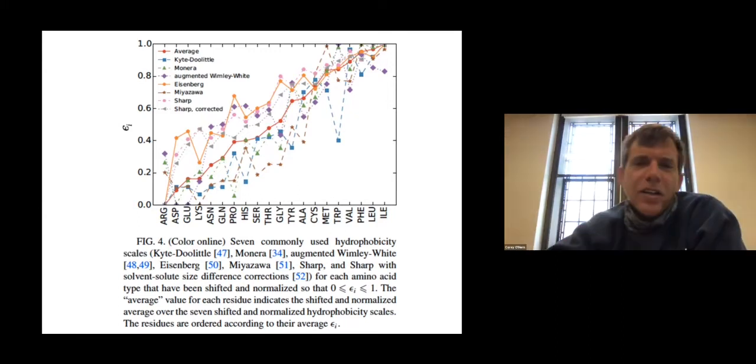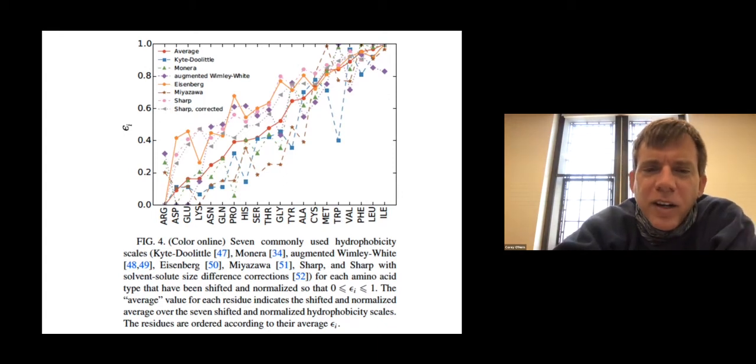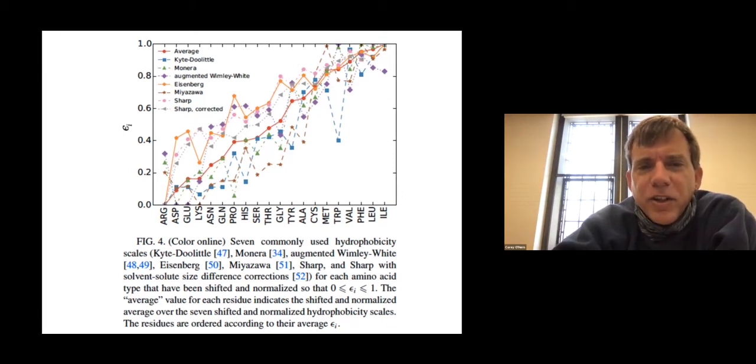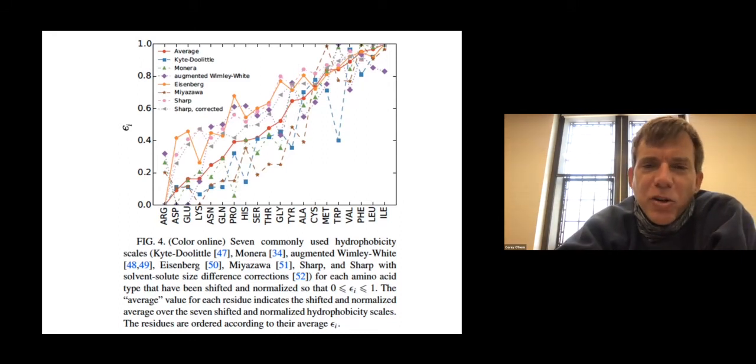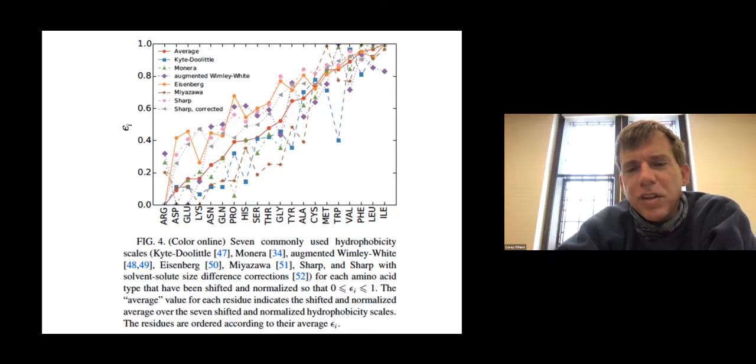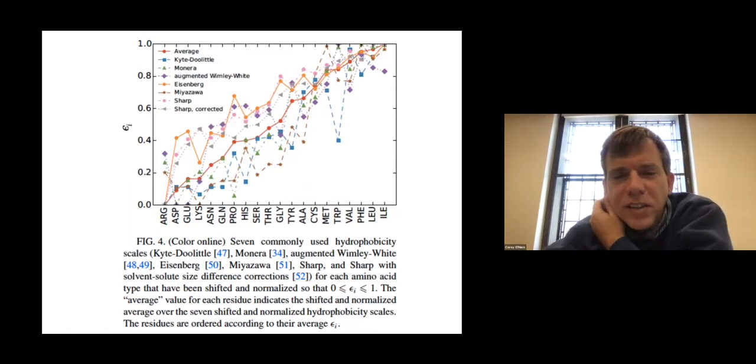Since I normalized them all between 0 and 1, I can find an average over those 7 hydrophobicity scales that goes between 0 and 1. And I've ordered the amino acids on the horizontal axis according to that average so that it's always monotonically increasing.